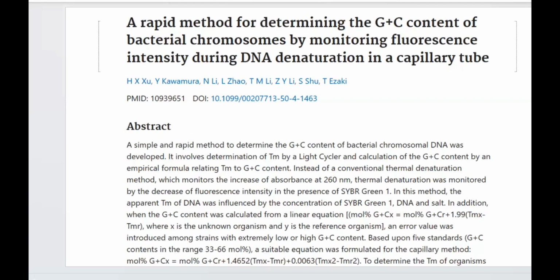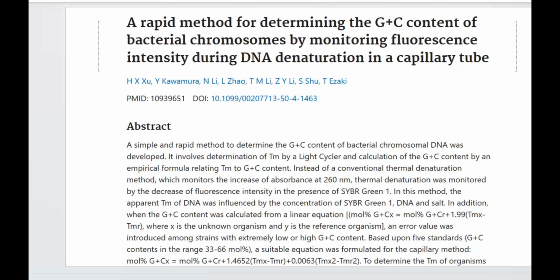The concentration of SYBR Green I, DNA content, and salt are the factors which decide the efficiency of the method, and the Tm value would otherwise be altered. Like in the spectrophotometric method, where ionic strength and pH are the major factors determining the Tm value, here salt concentration, DNA quantity, and the amount of fluorescent dye added to the melting DNA are important.